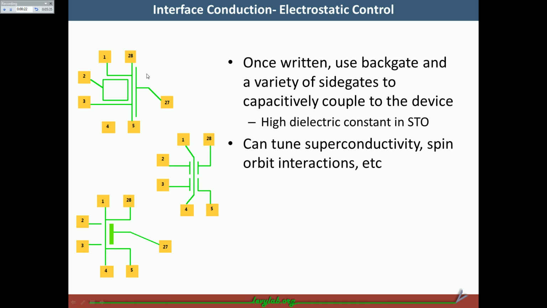We can also capacitively couple to the channels using side gates that we write. One reason these side gates are very useful is the high dielectric constant in the STO. And so we've performed experiments where we can tune the superconductivity, spin-orbit interactions, non-local effects.